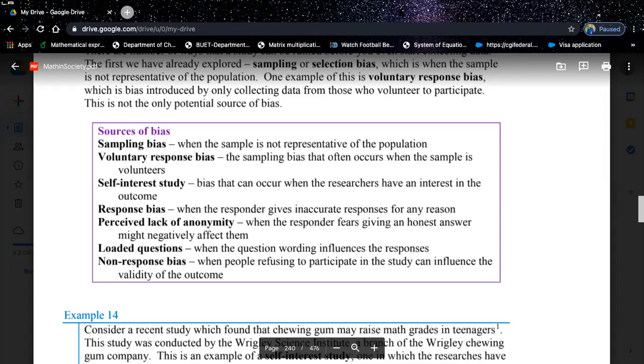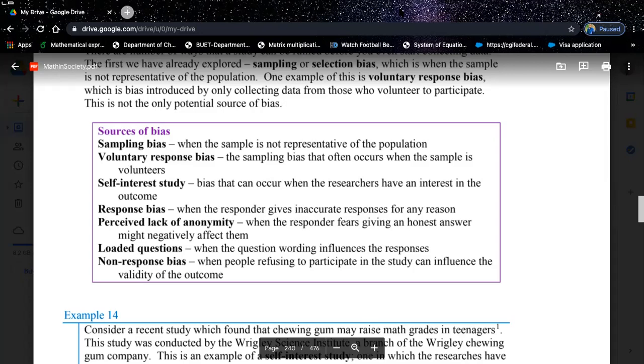The next one is actually related to this. That is bias that can occur when the researchers have an interest in the outcome. So when I am conducting a survey which will actually benefit me, there could be biasness. Why?